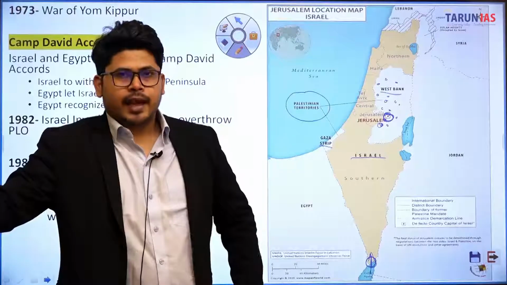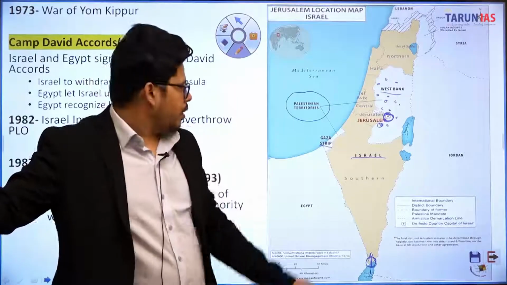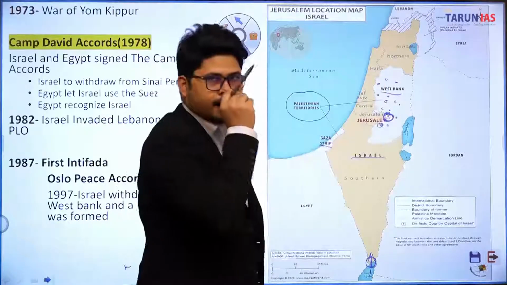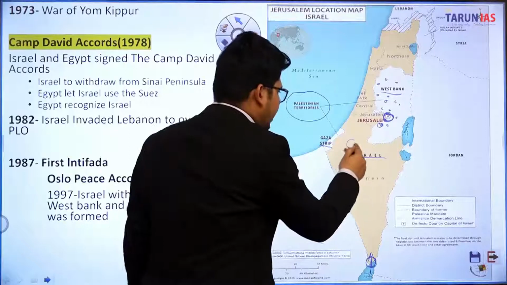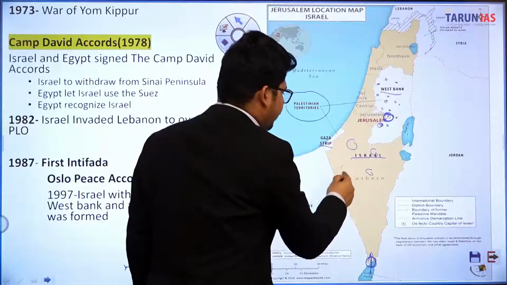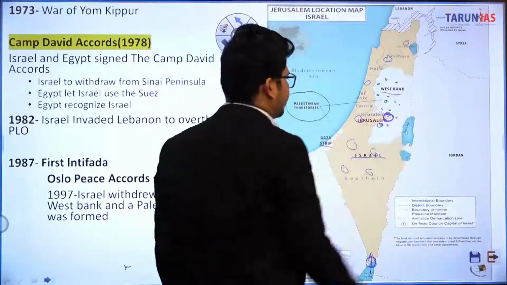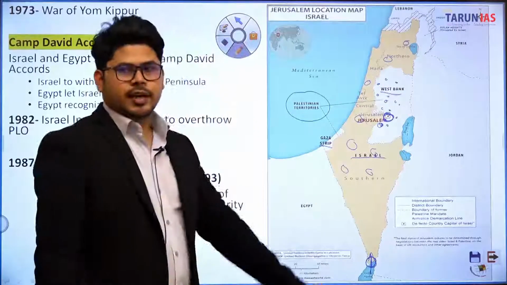Okay. At that time what happened was, all the refugees fled. Okay. This was all Palestine. Okay. There were several Israeli enclaves at that time. Okay. There were several parts which were dominated by Israelis. Okay. But it was a Palestinian land.